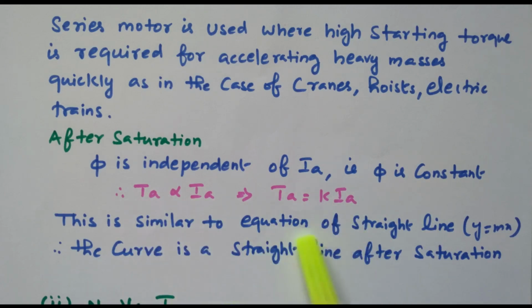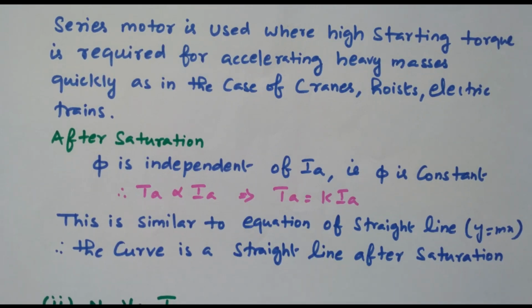This is very similar to the equation of a straight line, so the curve also becomes a straight line after saturation. Before saturation, the curve is parabolic. After saturation, the curve will be a straight line.